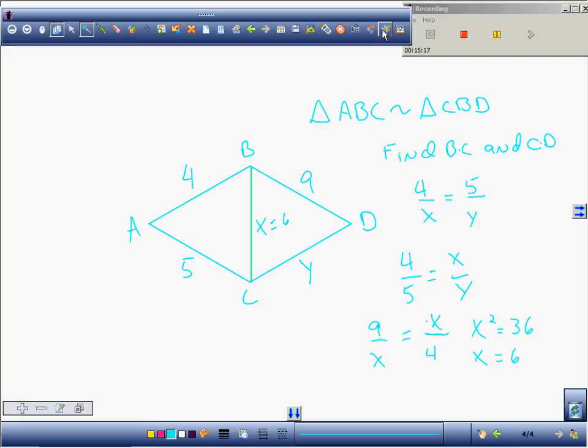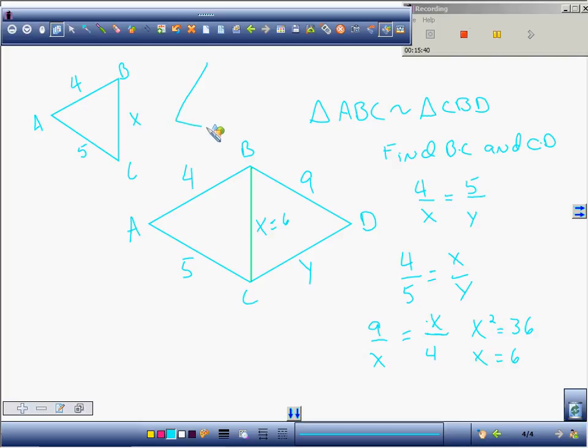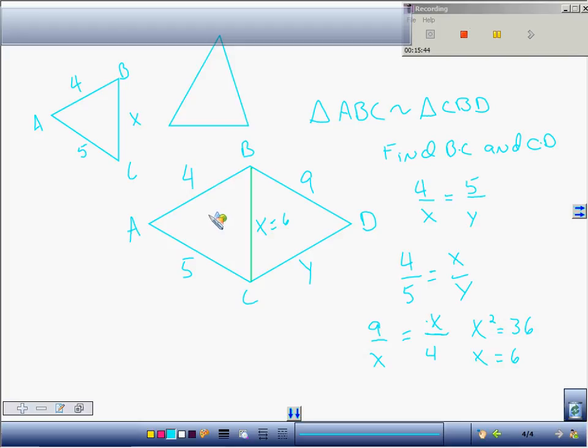So what I would do if I were you is redraw the triangles where this is A, B, C, and this is 4, 5, and X, okay? Then I'm going to draw the other triangle so that it lines up with that triangle, okay? Trying to make it line up.